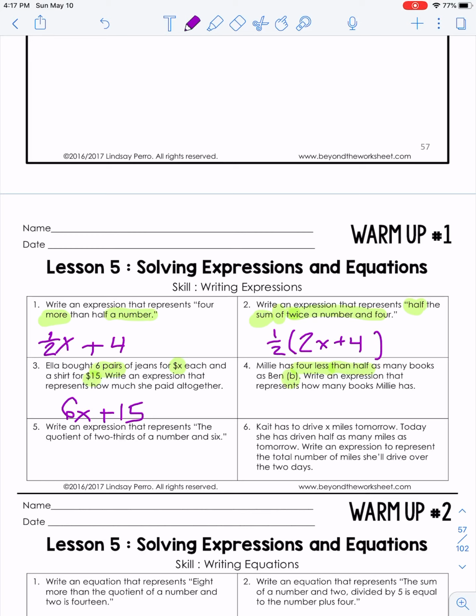So she has 4 less than half as many books as Ben. So B times 1/2. That subtract 4 has to come after because she has 4 less than half of B.